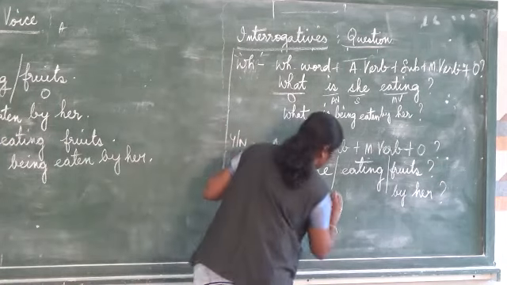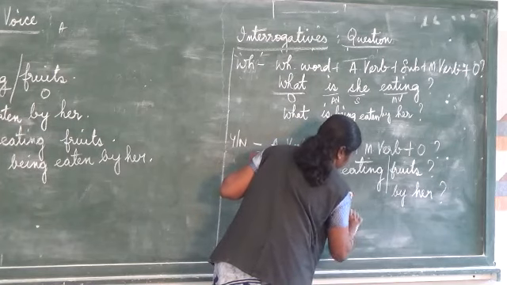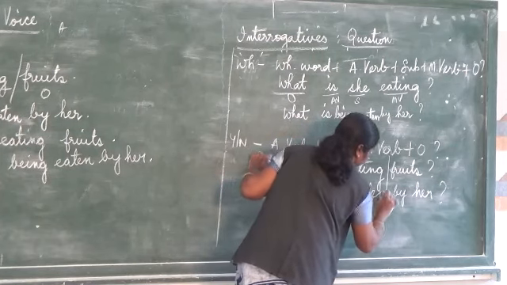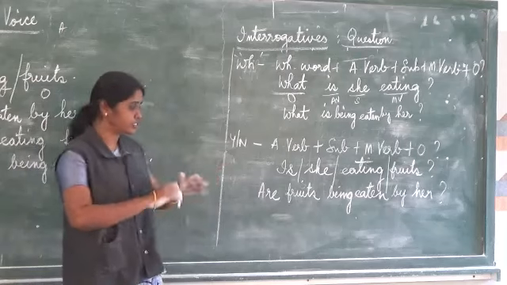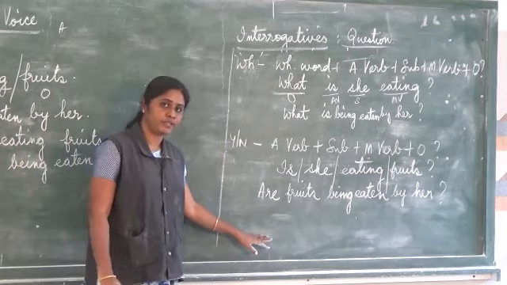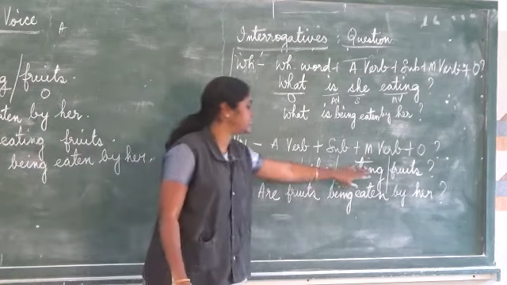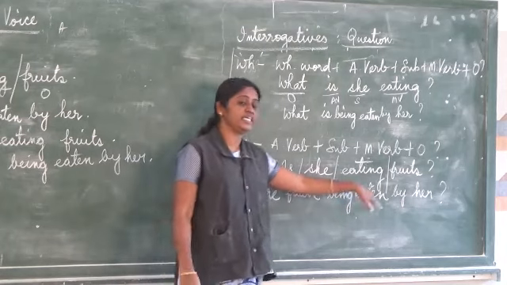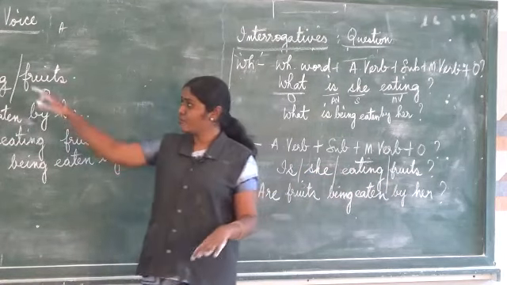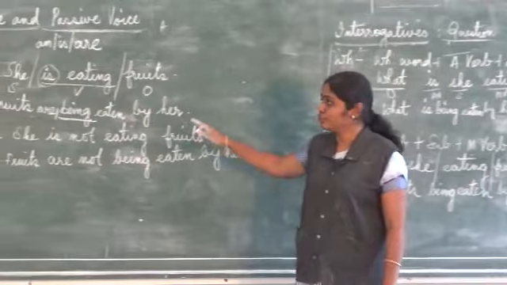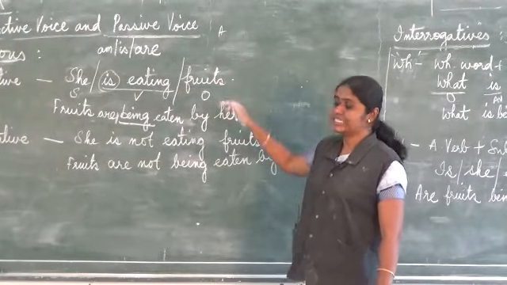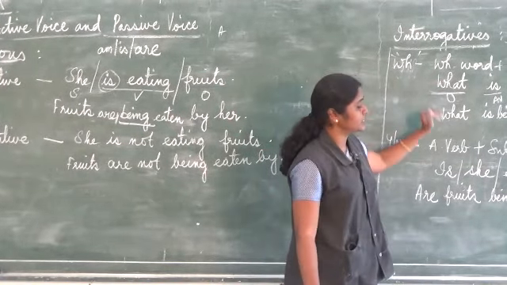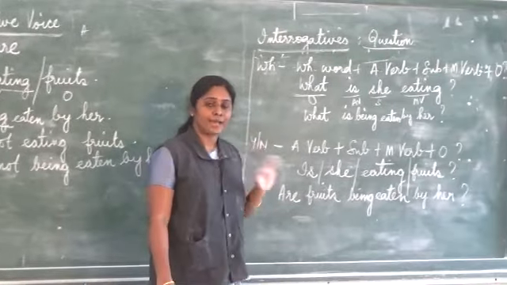Are fruits being eaten by her? So this is the passive form. Okay, so is she eating fruits has become are fruits being eaten by her. So now for present continuous also I have shown you how to change a positive sentence, negative sentence, WH question and yes or no question into its passive form.